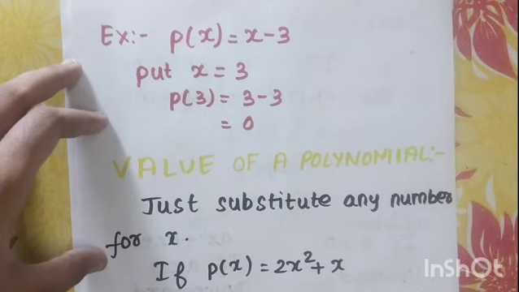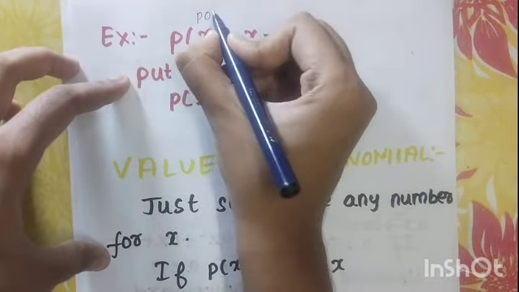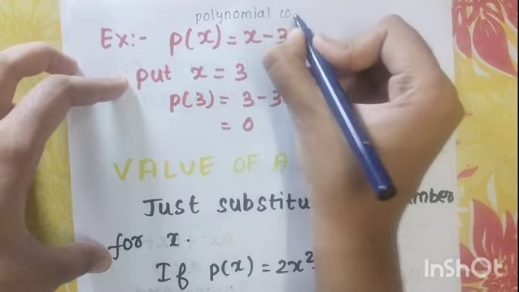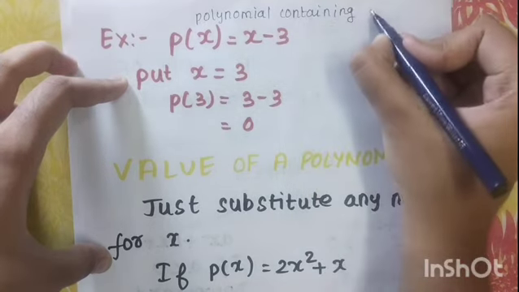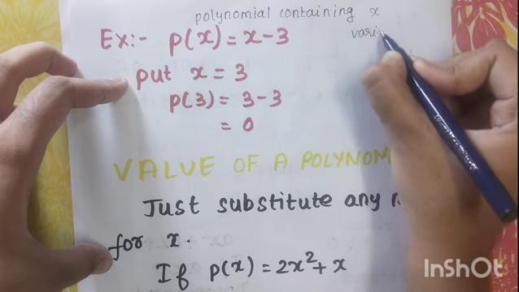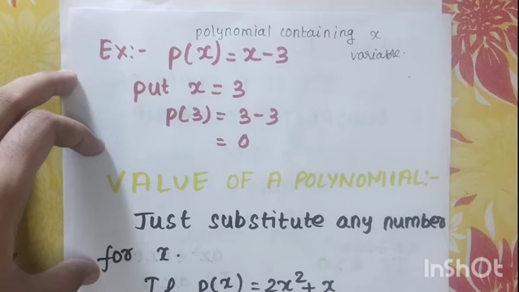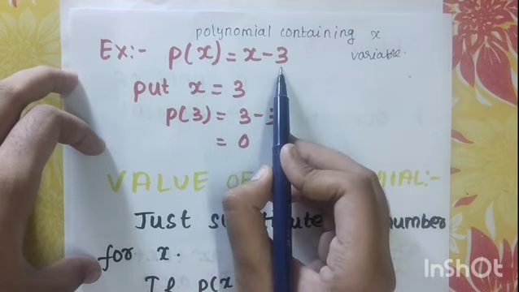Here p(x) is nothing but the polynomial containing the x variable, simply denoted as p of x.